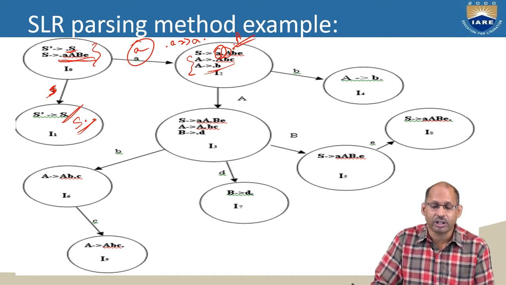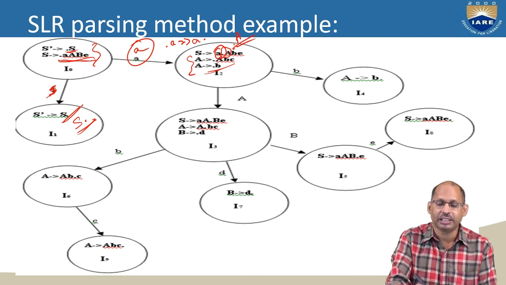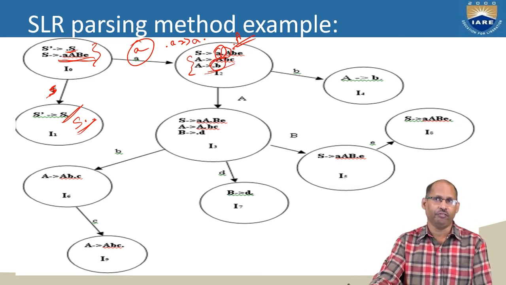Now, with the dot followed by the terminal symbol b, we stop adding productions to this I2 closure group.